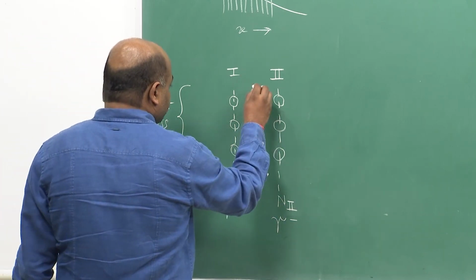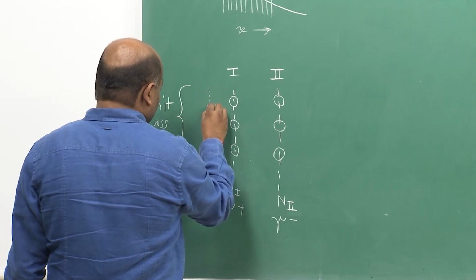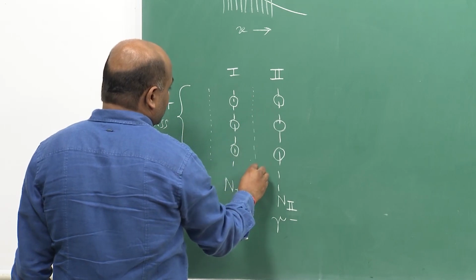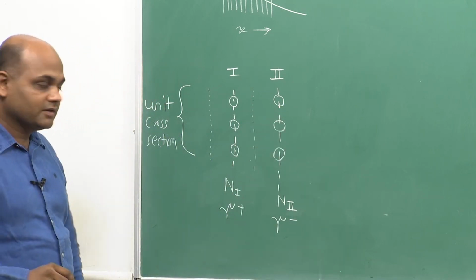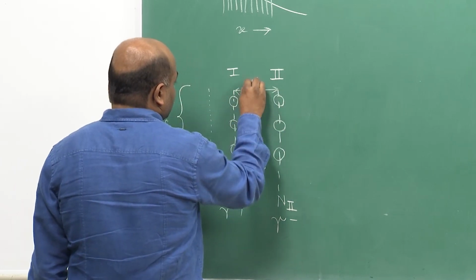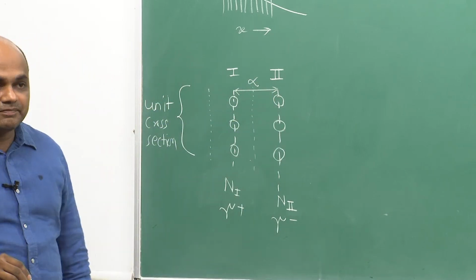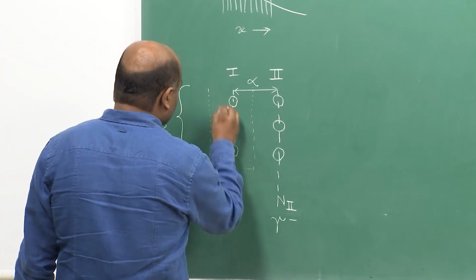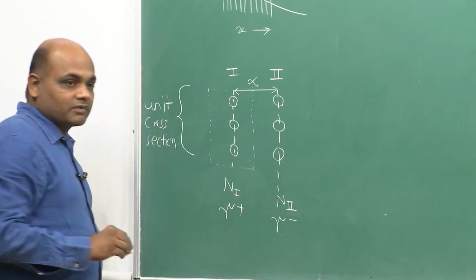We can consider equal volume element around each atomic plane, and if alpha is the interplanar spacing, then what will be the volume around each plane?